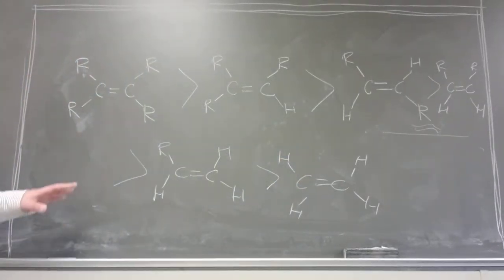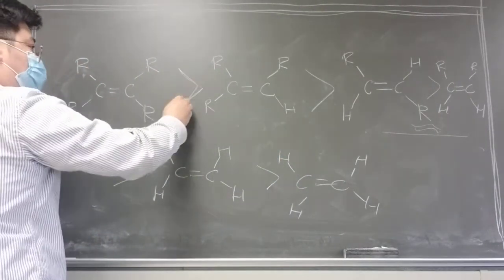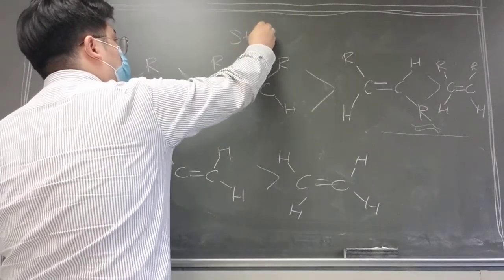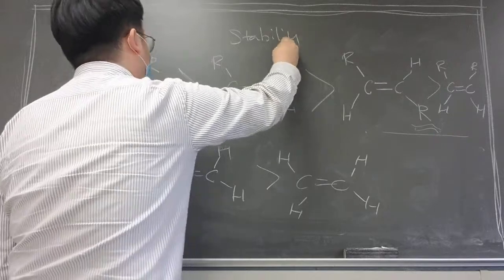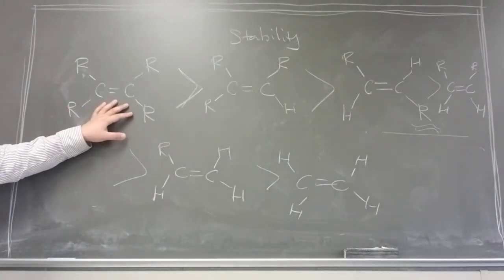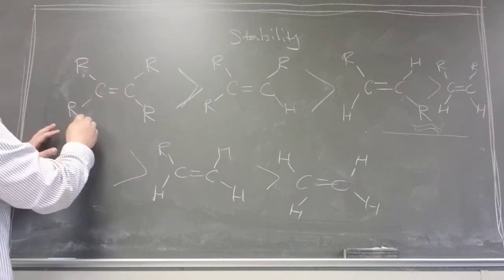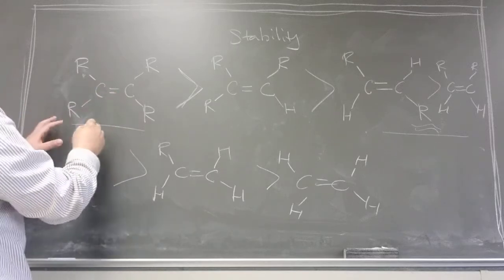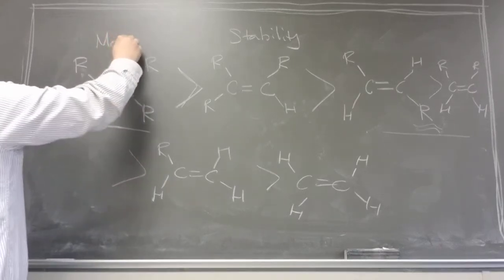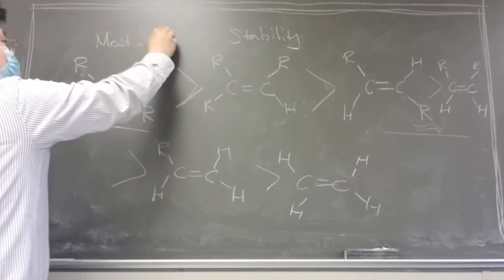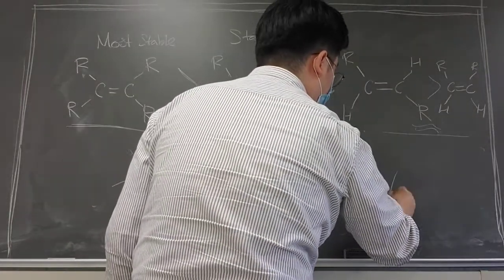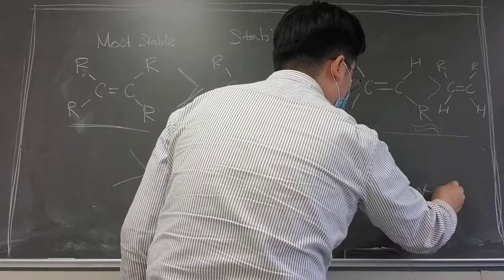So here's the thing. You see this symbol here, meaning the stability. If there are more substituents on the carbons of your double bond, you consider it more stable. This is why I chose this one as the most stable. And if there are no substituent groups or a very low number, it's the least stable.